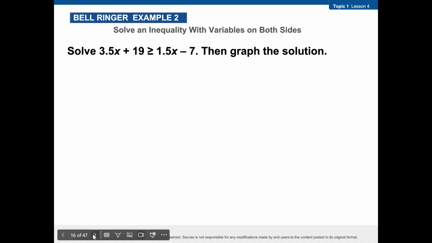Still example 2, still 1-5, 1-4. Inequalities with variables on both sides, no distributive property, no like terms, variable on the left, variable on the right.